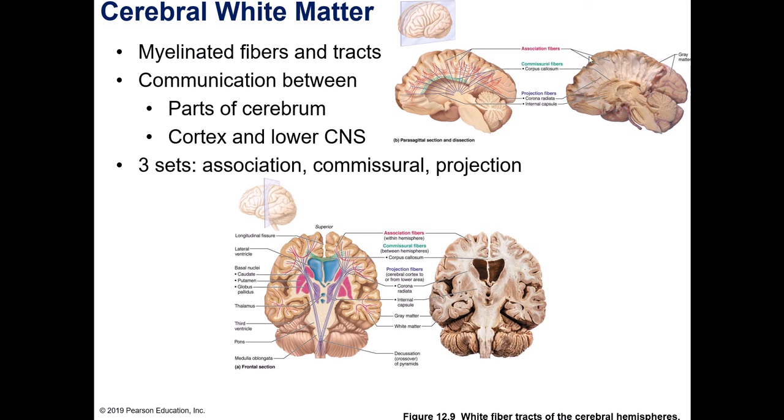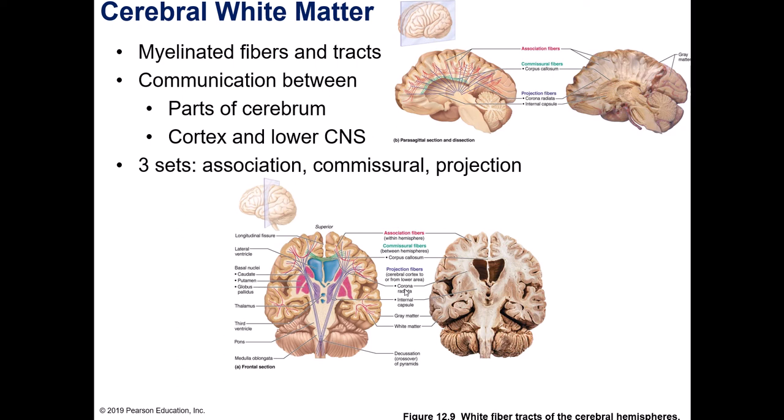The commissural fibers, the most important and the largest of which is the corpus callosum here, connect the cerebral hemispheres. And in fact, the corpus callosum has such almost seamless communication between the 2 hemispheres that your right brain talks to your left brain very, very easily.